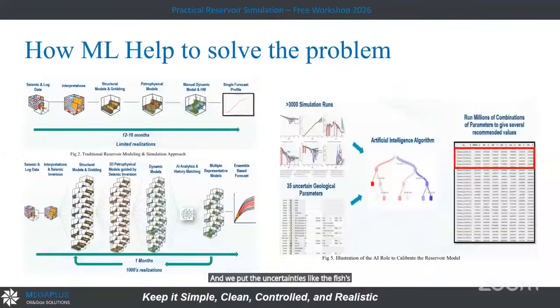So why did we use machine learning? Because we have to do a lot of history match runs to mimic the pressure depletion without motion of the aquifer. It was a mess to have so many runs and modifications.